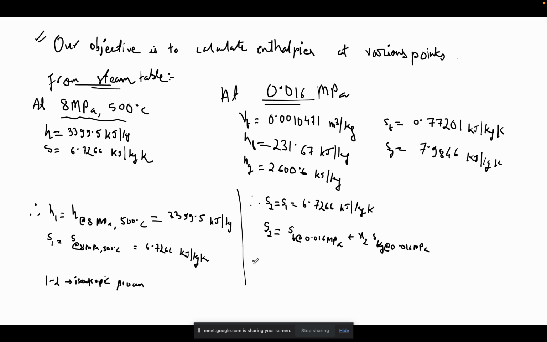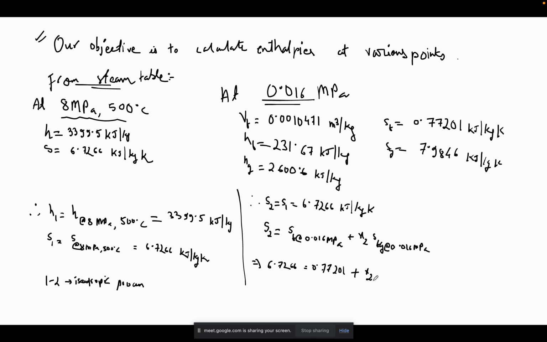We know S2, 6.7266. We know SF at 0.016 megapascal, and that is basically 0.77201. We don't know x2, that is what we require.